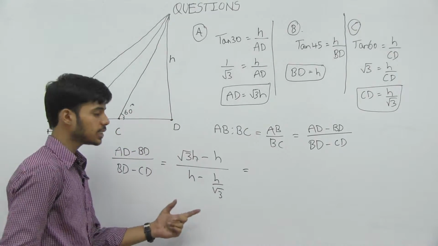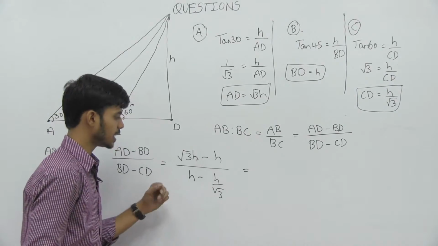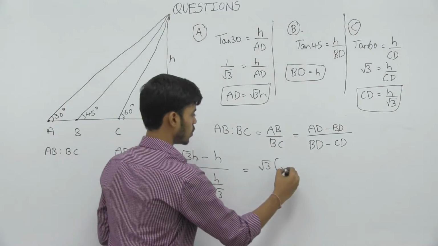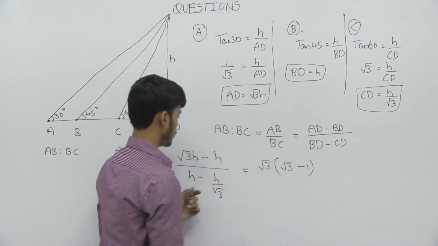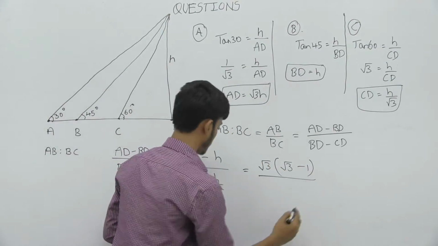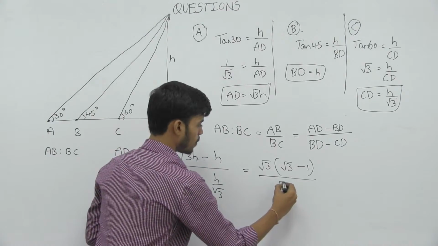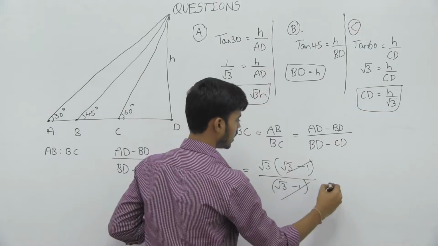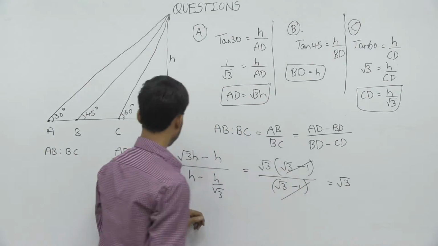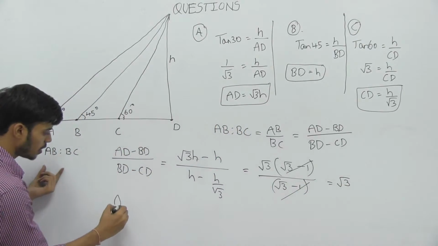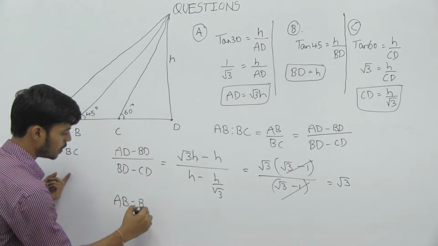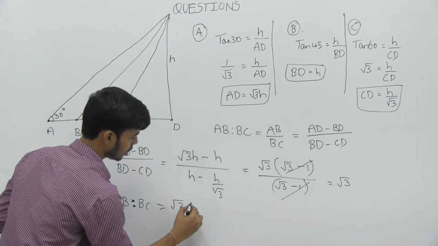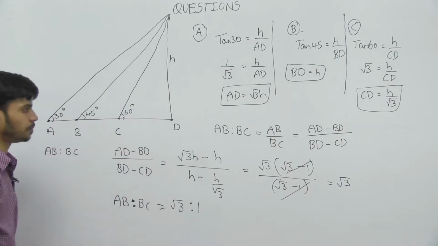So h cancels and let's take LCM in the denominator and the root 3 would come over into here. So we have root 3 minus 1. Because we are cancelling h in numerator and denominator, we are left with root 3 minus 1. So root 3 minus 1, root 3 minus 1 get cancelled, is equal to root 3. So the ratio of AB is to BC is equal to root 3 is to 1.